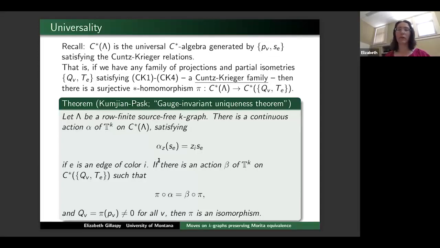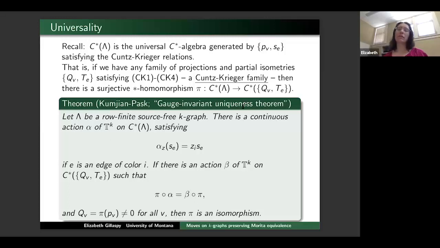And the way that works is that the action is going to fix all of the vertex projections. And on the edge partial isometries, if E had color I, between 1 and K, then you just multiply the partial isometry S_E by the ith element in your K-tuple z, being an element in T to the K. So it's just a rescaling by elements in the K-torus.